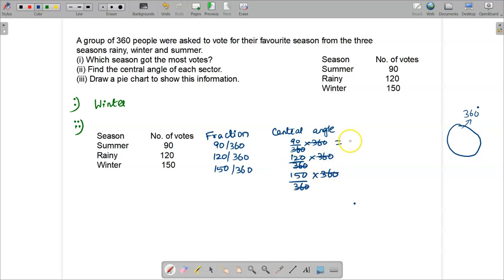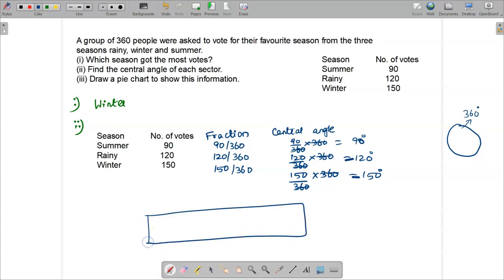So the central angle for summer is 90 degrees, for rainy it is 120 degrees, and for winter it is 150 degrees. Using this, I can draw the pie chart now.